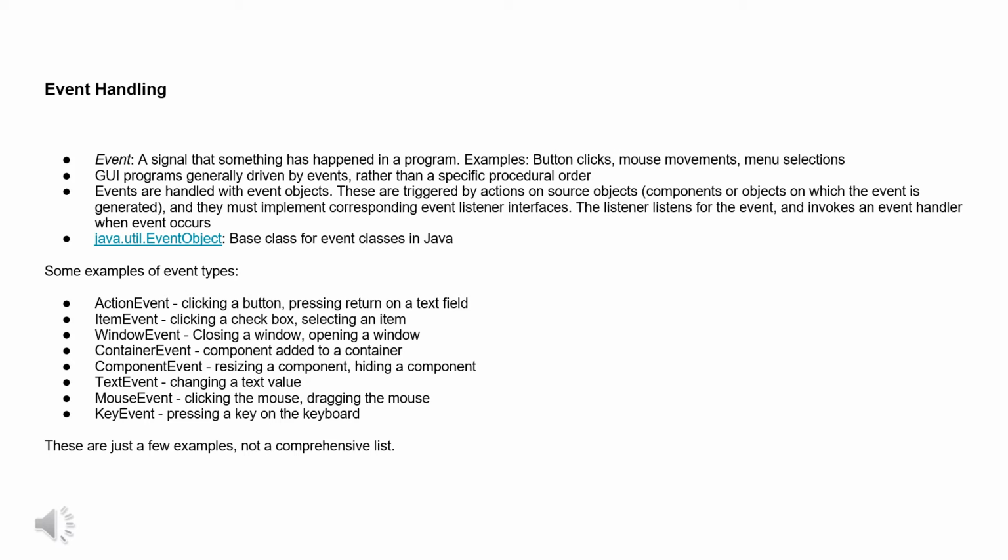Container event: a component added to a container. Component event: resizing a component, hiding a component. Text event: changing a text value. Mouse event: clicking the mouse, dragging the mouse. And key event is for pressing a key on the keyboard. These are just a few examples, not all of them.